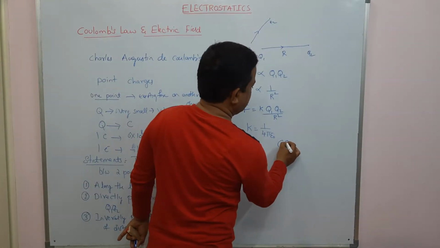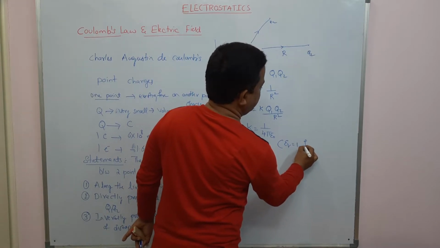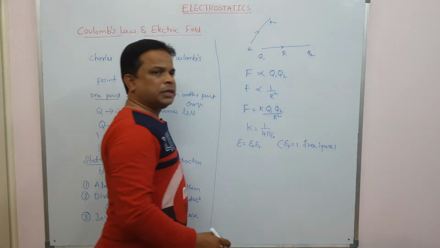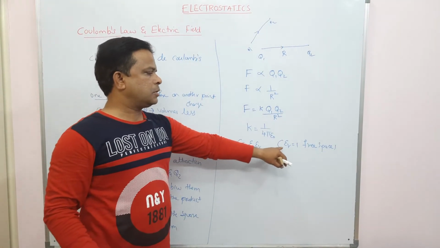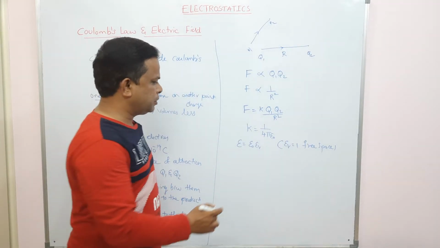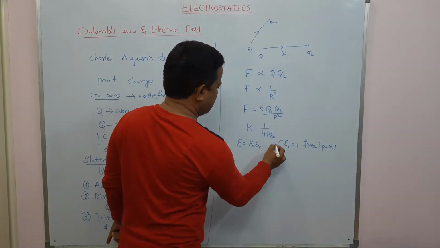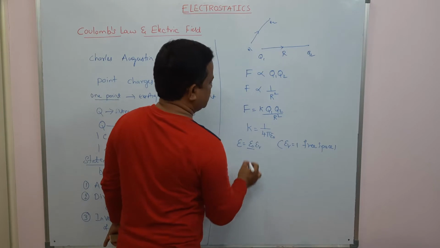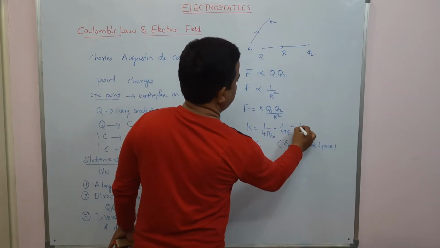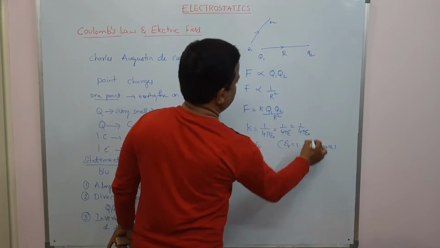Here epsilon r is equal to 1 for free space. Generally we will take most of the derivation with epsilon r equal to 1, and consider that as free space or vacuum. So epsilon will become epsilon naught, that is 1 by 4 pi epsilon equal to 1 by 4 pi epsilon naught.